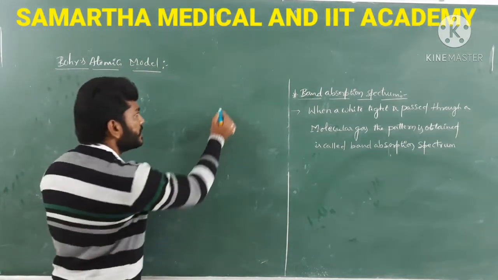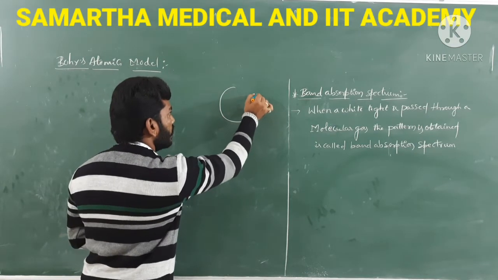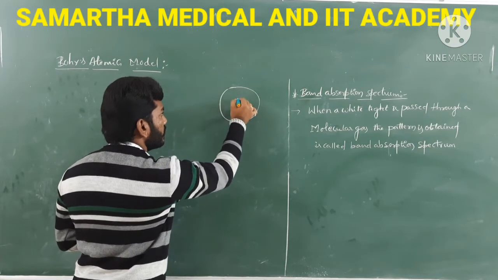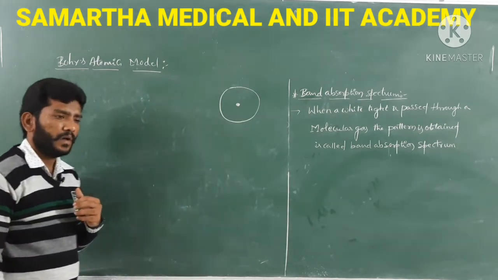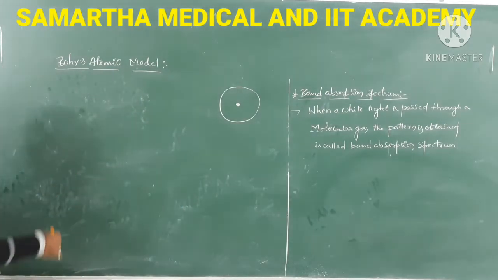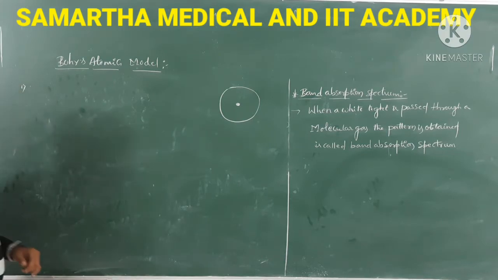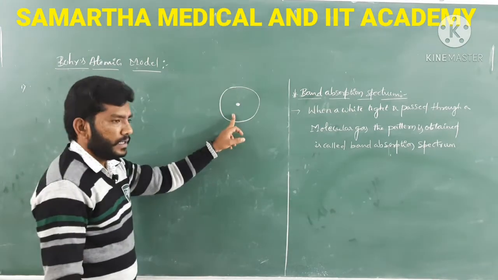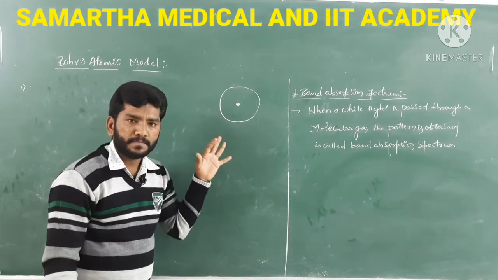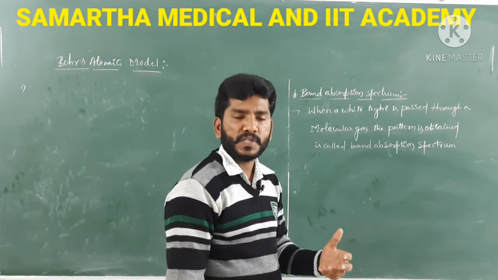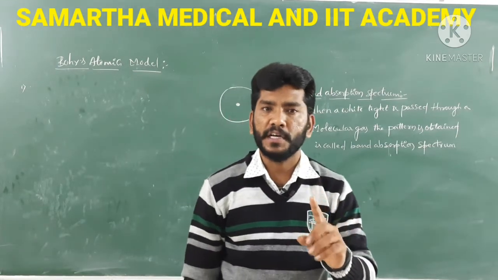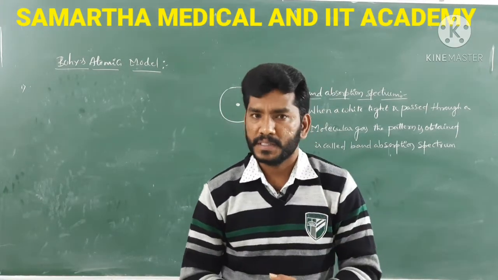what does his particular model consist of? What are the things his model has? Very first, he gave the first postulate. As we know, an atom consists of a nucleus at the center, and most of the mass of the atom is concentrated at the center, isn't it?